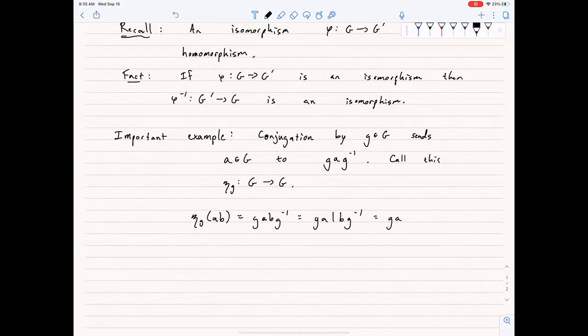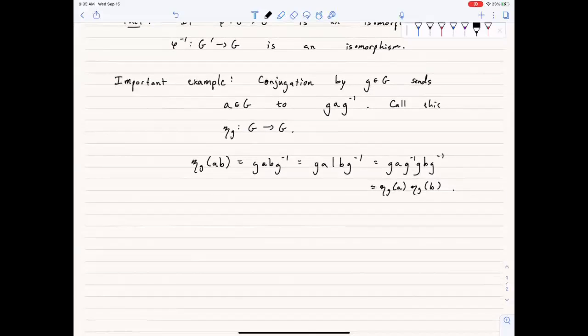And then I get g a, and identity is equal to g inverse times g. But this is then equal to eta sub g of a, eta sub g of b. So this is saying that conjugation is indeed a homomorphism. It satisfies the basic equation for a homomorphism.